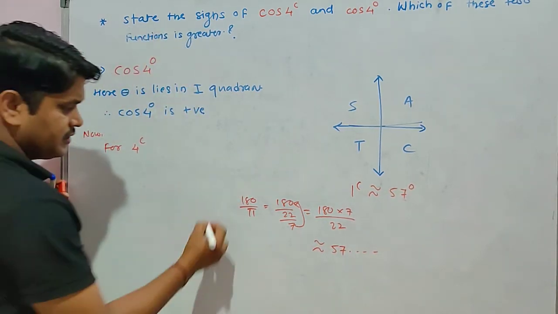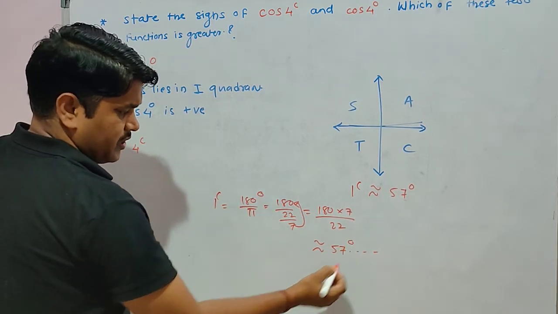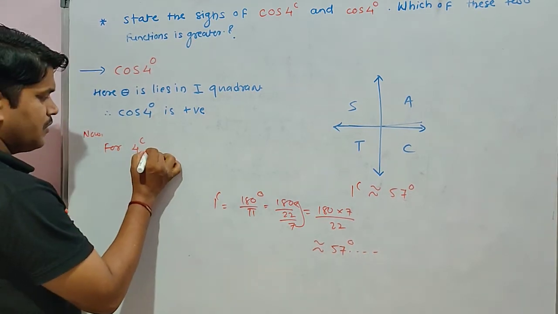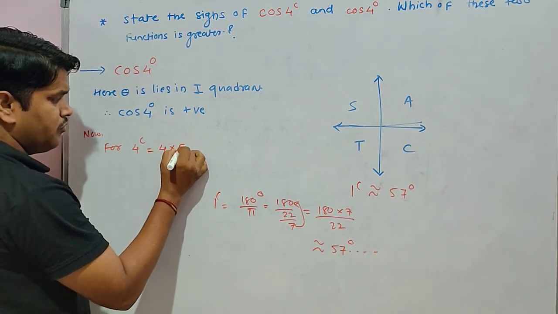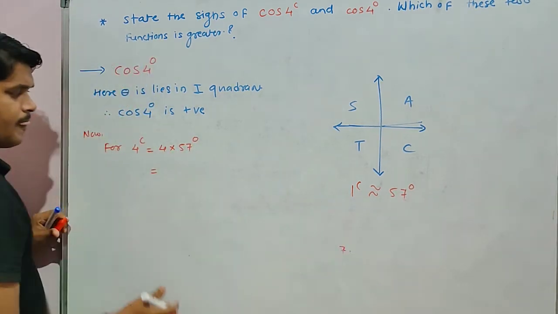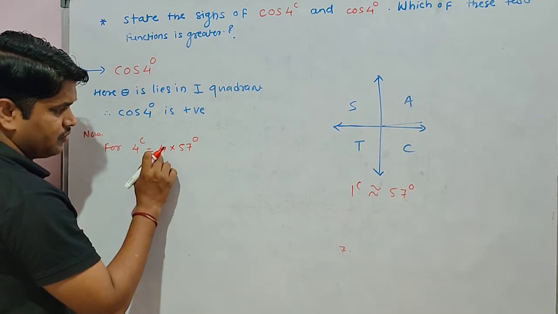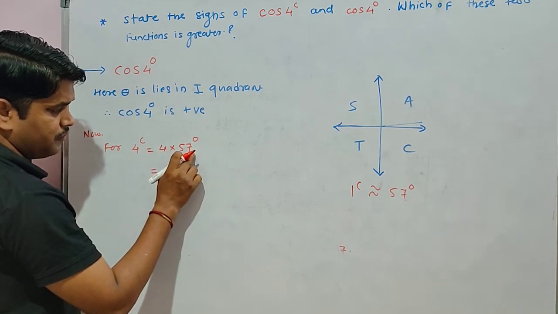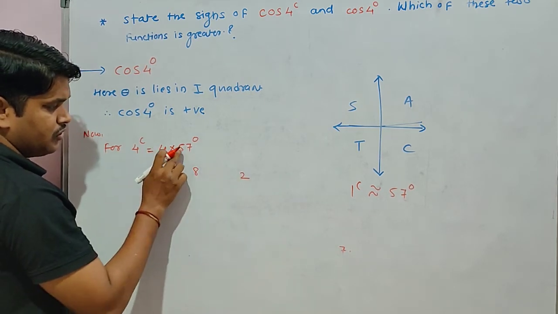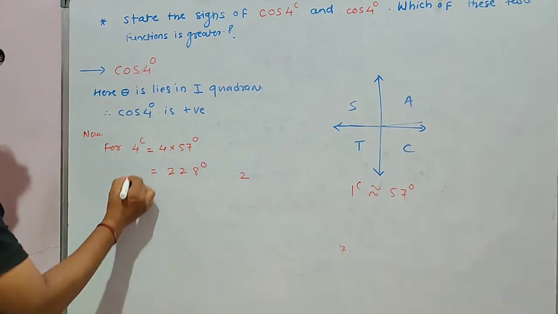So one radian is approximately 57 point something degree. So 4 radian is 4 into 57 degree, which is approximately 228 degree.